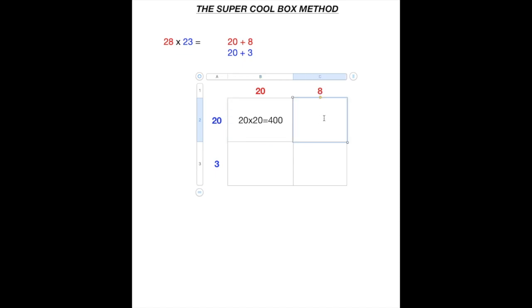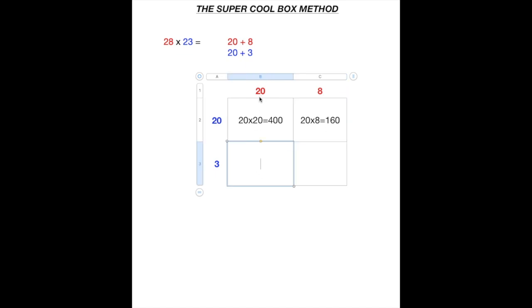We do 8 times 20. So 20 times 8 equals, well, there's 1 zero for the ten. Let's multiply the other 2 digits. 2 times 8 is 16. That's the double. And then the 0 for the ten. So easy.